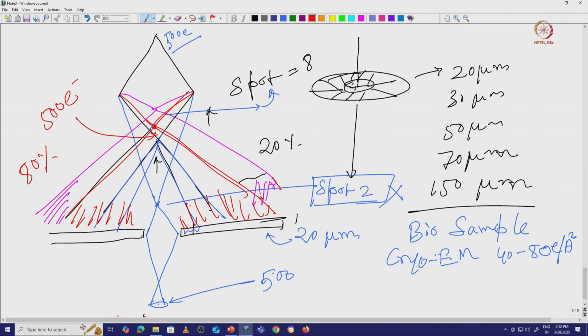So, finally, if we use this condition, 80% is blocked, and only this much electron can come and give us an image something like that. So, 20% of this means 100 electrons can go through this path and give us an image here.